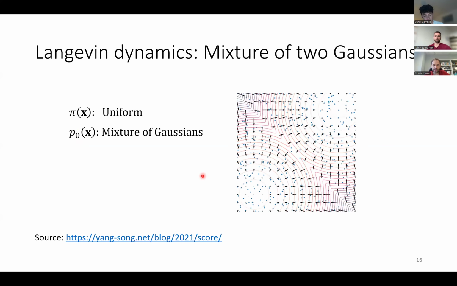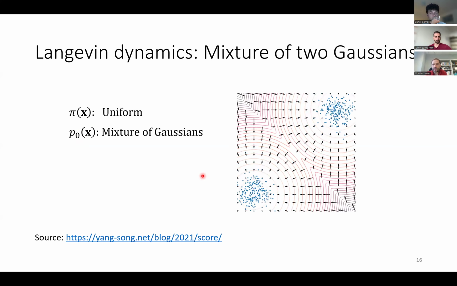Okay, so the idea is, for instance, a typical illustration of this Langevin dynamics is that my target distribution, P0, is a mixture of Gaussians, and my initial distribution is a uniform distribution. So basically, this is a movie that is being repeated over and over.